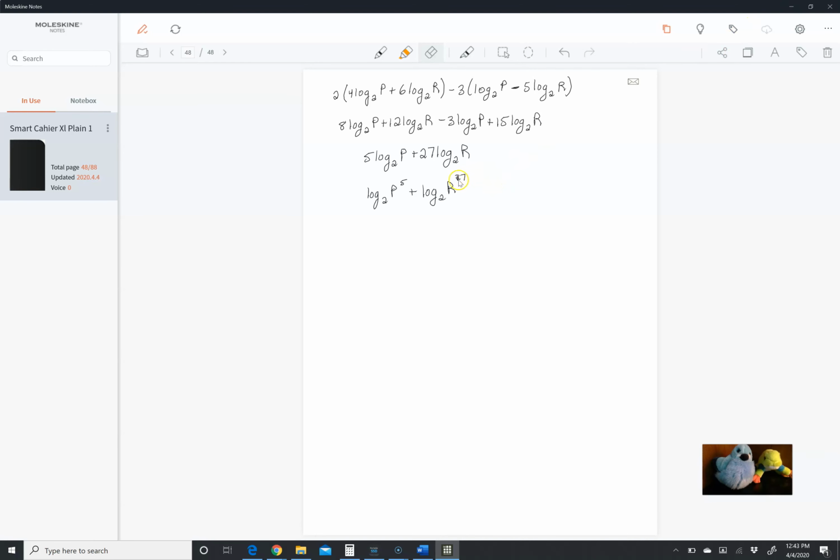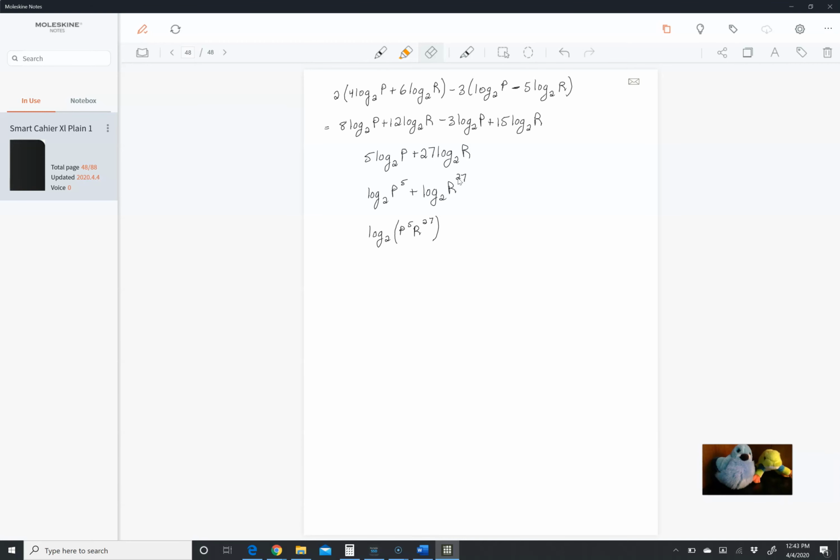That's a 27. And then we condense. This is adding. So it's going to be multiplying. Everything is positive. Both logs are positive. So both of these go into a numerator. We have no negative logs, so there is no denominator.